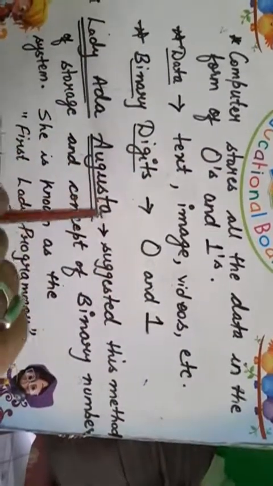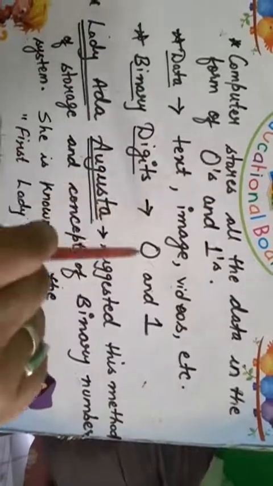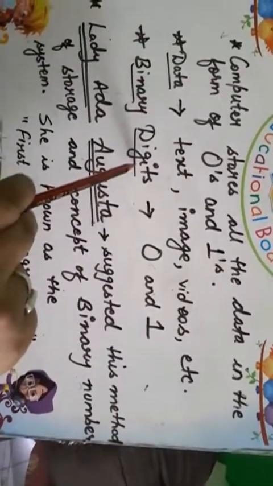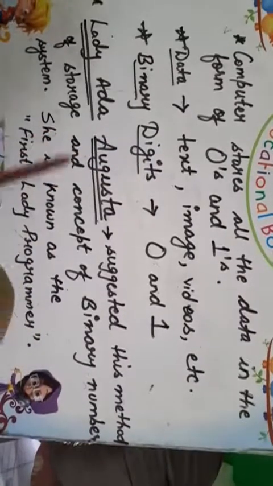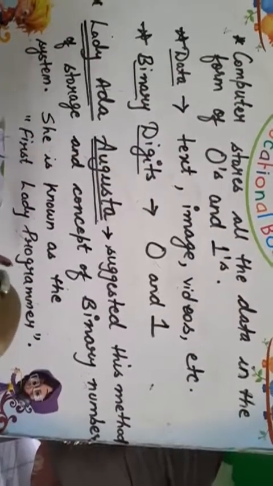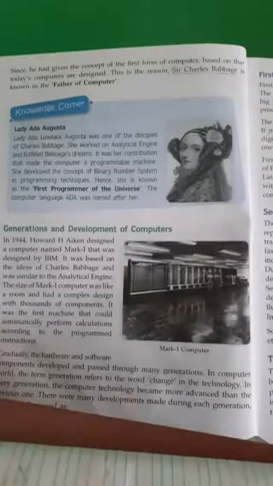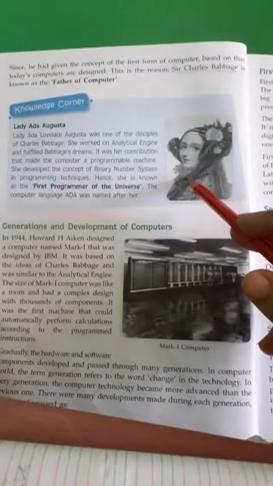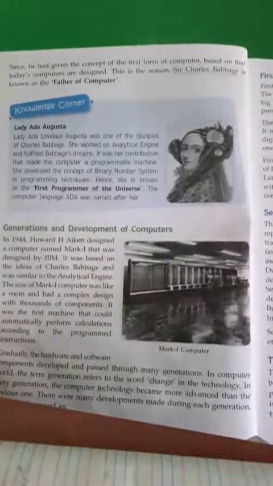Lady Ada Augusta suggested this method of storage and the concept of the binary number system. She is known as the first lady programmer. It was her contribution that made the computer a programmable machine.